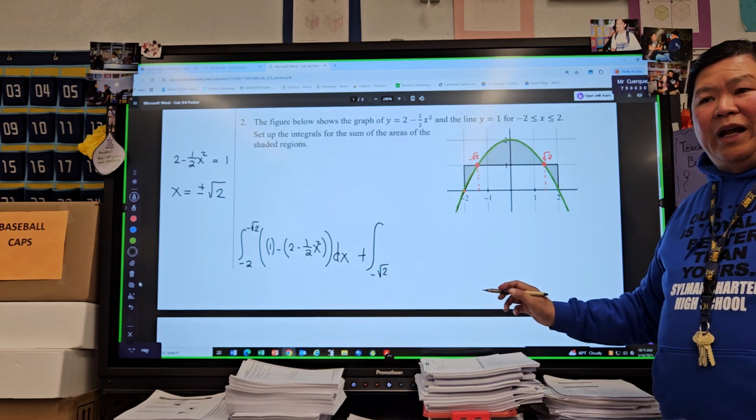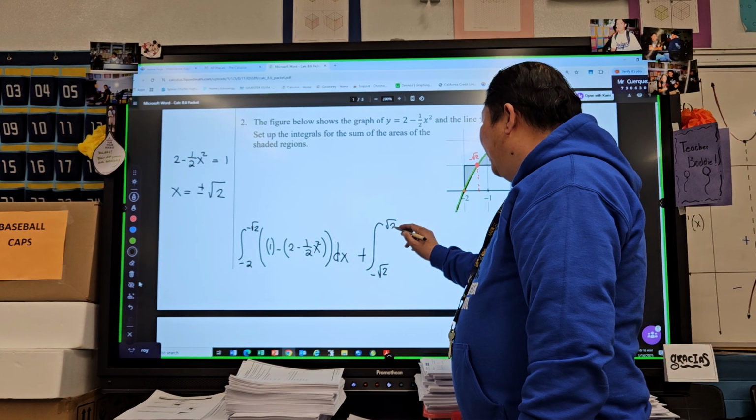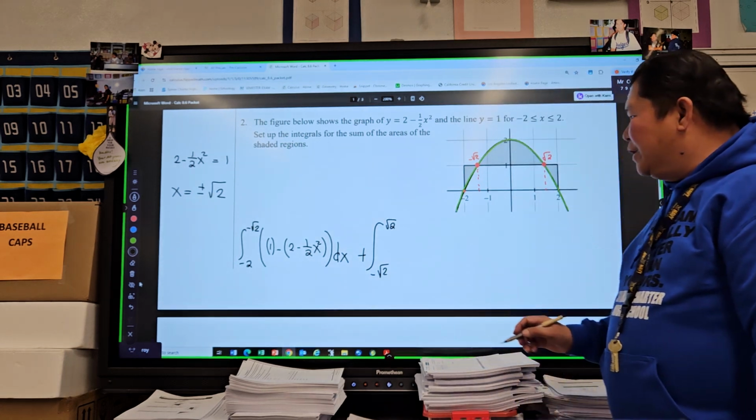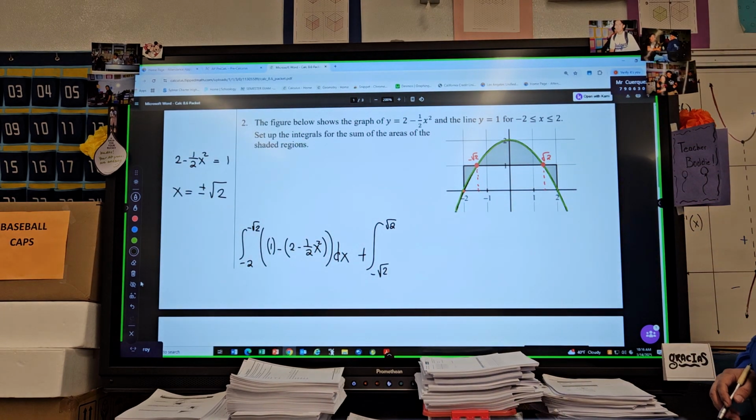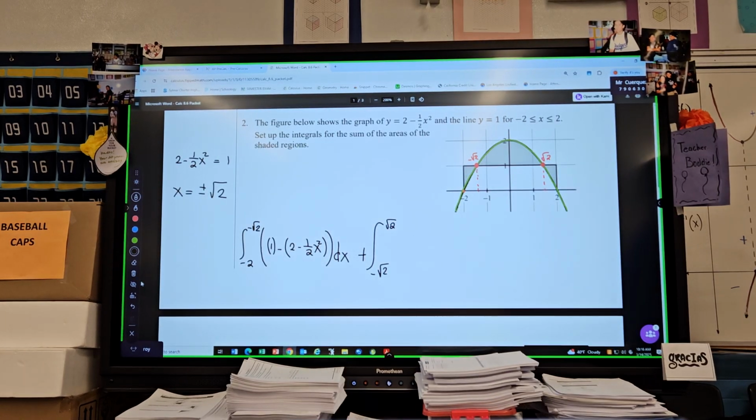So from negative square root of 2 all the way to positive square root of 2, in this interval, what is our upper curve? What color is the upper curve? The green, which is a parabola.